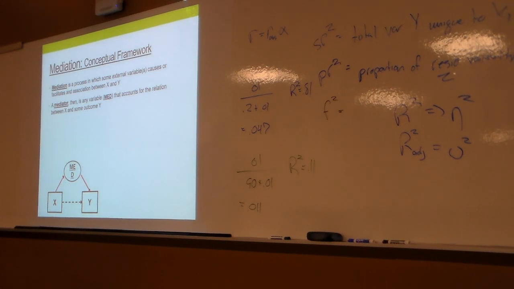The reason X is related to Y is because X is causing this mediator, which is then causing Y. If we account for this mediator, what happens to the relation between X and Y? It goes away. X is not related to Y once we account for this mediator, because this is the reason these two variables are associated with one another in the first place.